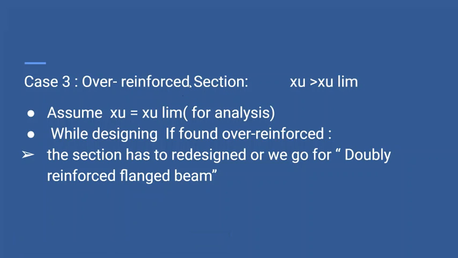अगर ओवर रेनफोर्स, थर्ड केस, if it is over reinforced, then क्या होगा? For analysis it is again the same thing as rectangular. X is equal to XU limit के हिसाब से हम लोग एनालिसिस करेंगे.